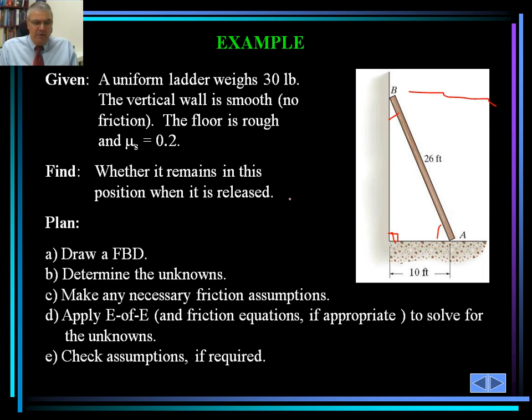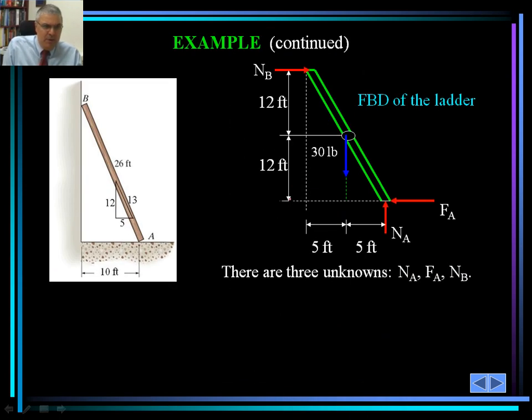We show them on the free body diagram, and then we make any friction assumptions that I just went over. Then we apply the equations of equilibrium and any friction equation if appropriate, solve for the unknowns, and then check the assumptions to make sure that we did the problem correctly.